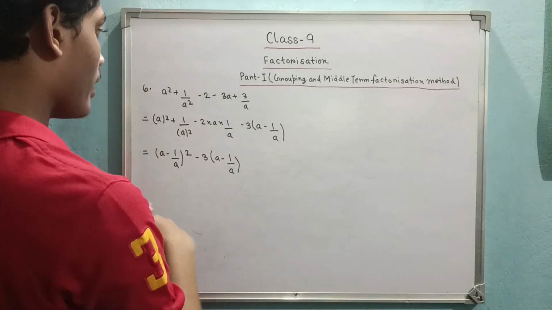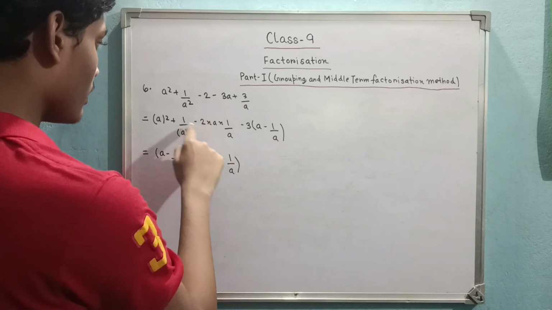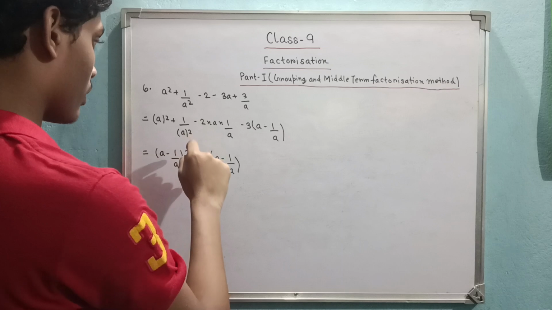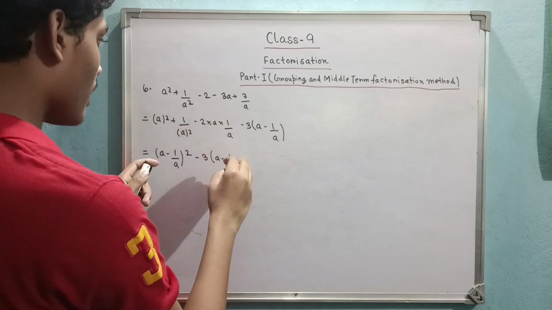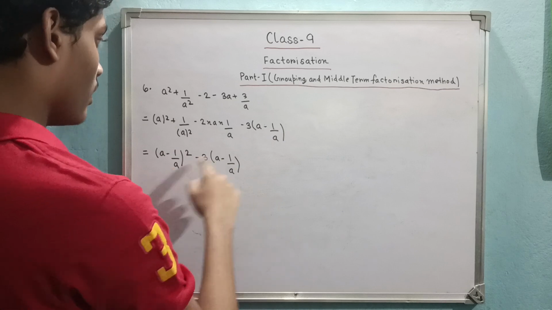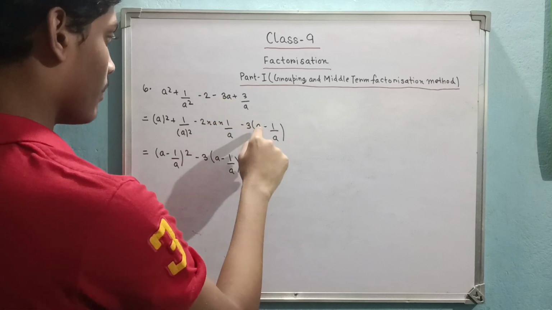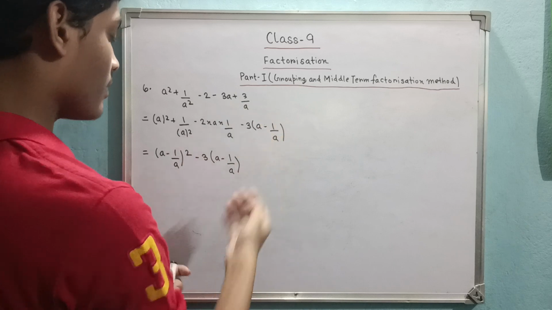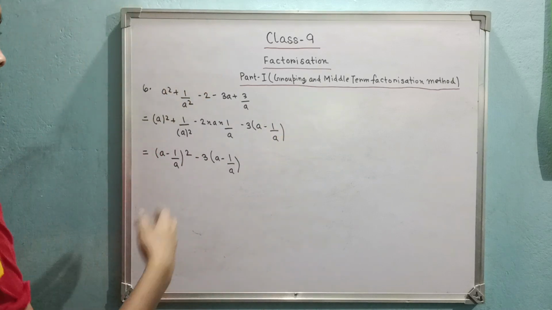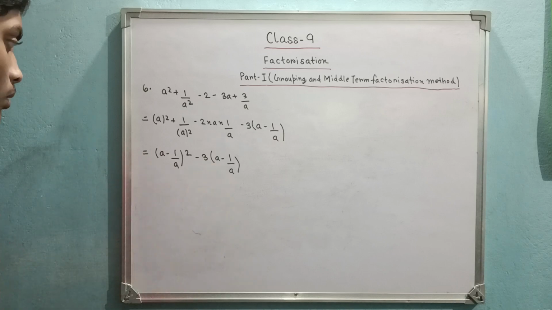See, we are not violating the equation anyway. This also remains as minus 2 and this remains as a square plus 1 by a square. Just converting the formula so that it looks like a square plus b square minus 2ab. And this is very easy. Minus 3 we take common into a minus 1 by a. So what have we got here? We have got a minus 1 by a common in the two terms.